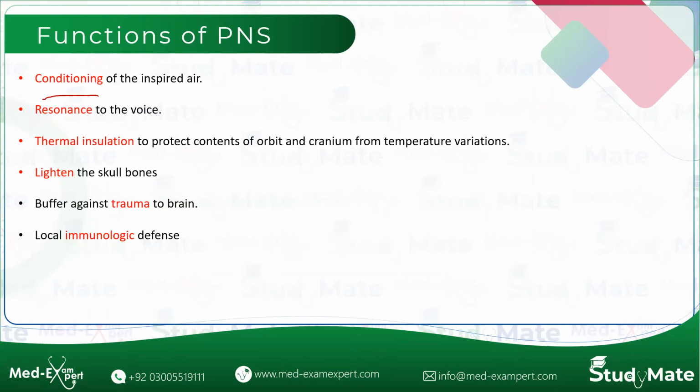Paranasal sinuses में ऐसे होता है कि जब आप इंस्पायर करते हैं तो एयर लंग्स में जाती है, और जब एक्सपायर करते हैं तो कुछ एयर पैरानेजल साइनसेस में चली जाती है. नेक्स्ट टाइम जब आप इंस्पायर करते हैं तो ये जो एयर होती है मिक्स हो जाती है. सो जो एनवायरमेंटल एयर होती है वो ड्राई होती है, whereas जो बॉडी की एयर होती है वो ह्यूमिडिफाइड होती है और उसका टेम्परेचर थोड़ा डिफरेंट होता है. सो पैरानेजल साइनस की एयर जब मिक्स होगी इंस्पायर्ड एयर में तो उसके से बॉडी को एयर मिल रही होगी वो कंडीशन होती है. नंबर 2, दे ऐड टू द रेजोनेंस ऑफ द वॉइस.